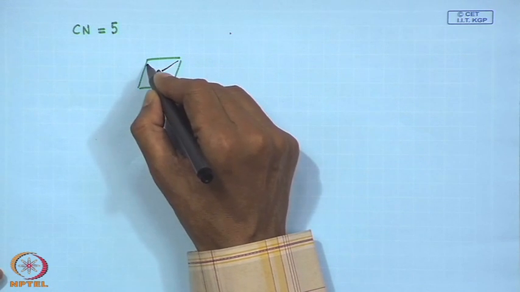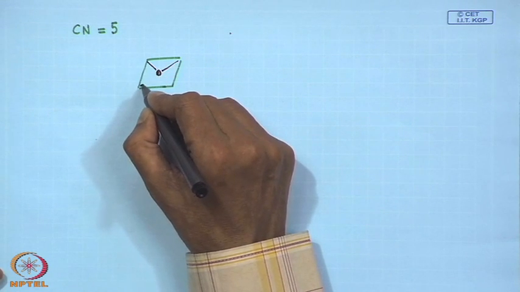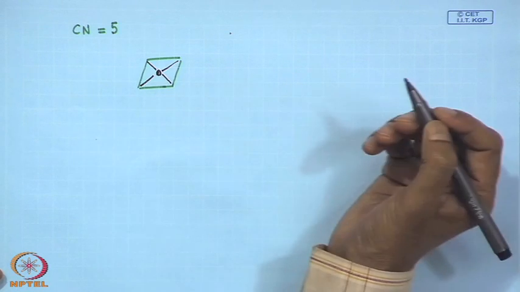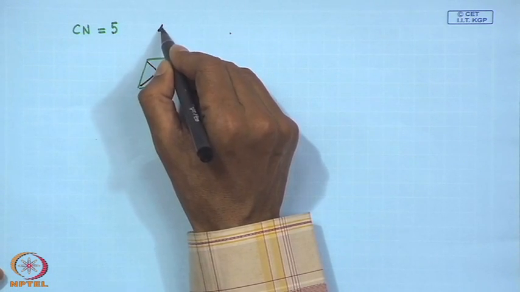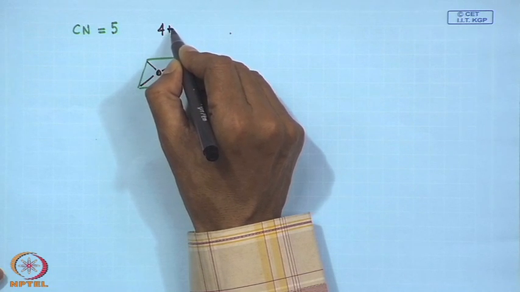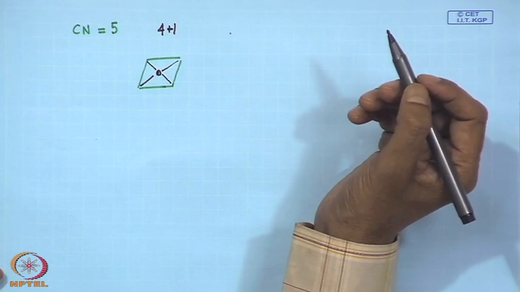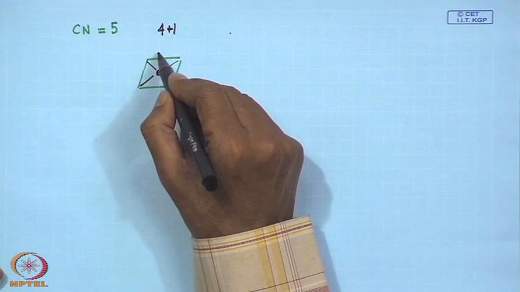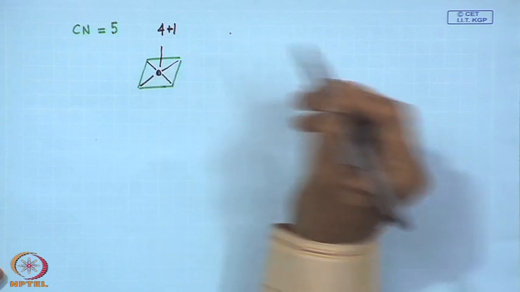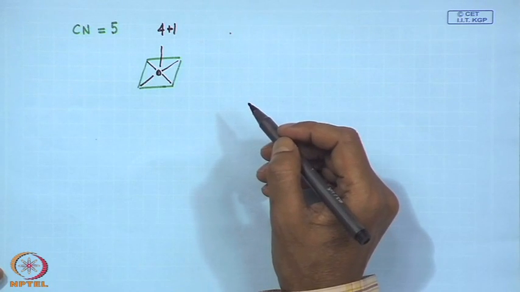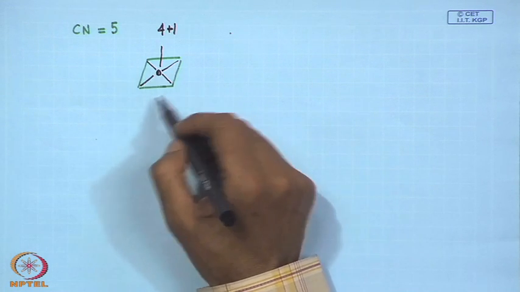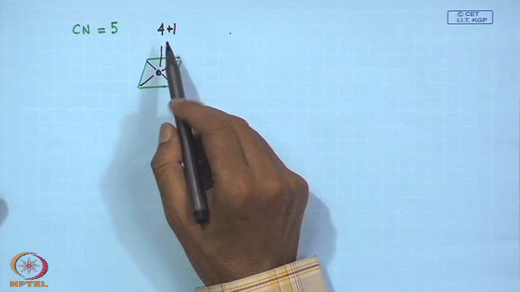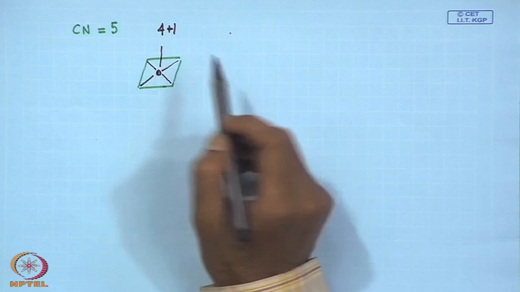We have one bond, second bond, third bond and the fourth bond. Since we already have 4 bonds, we will add only 1. If we have a pyramidal interaction, it is a square pyramidal geometry, which will have a coordination number of 5.